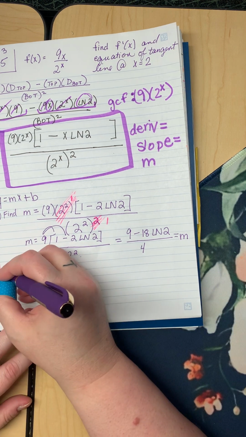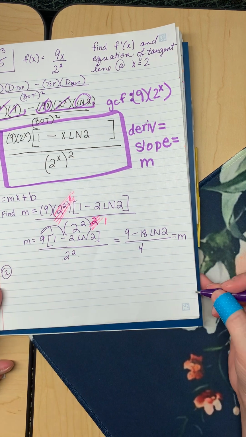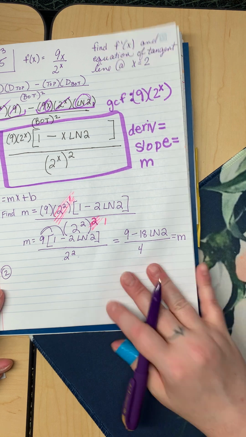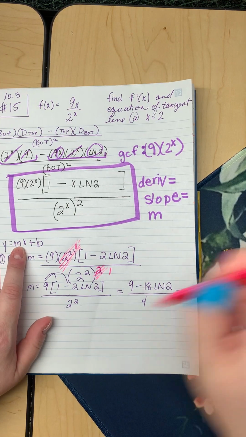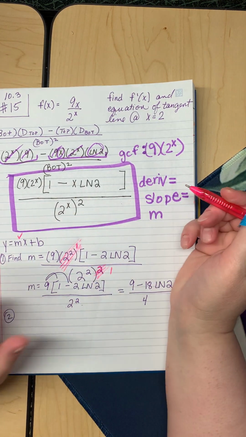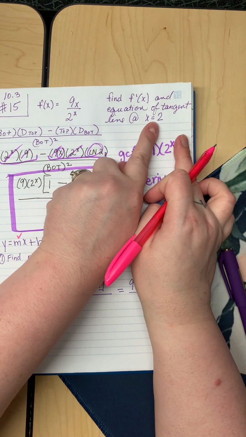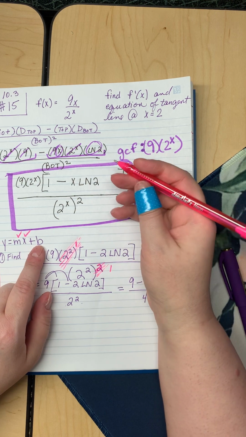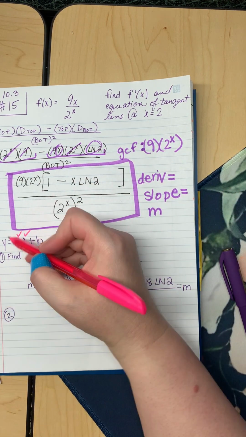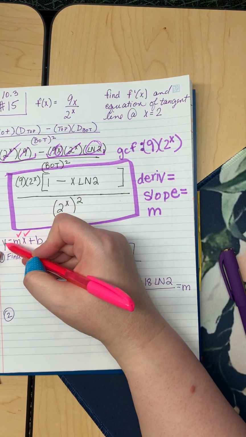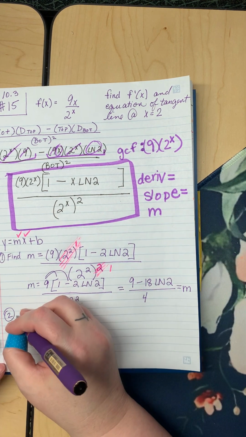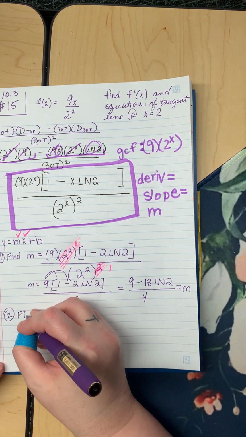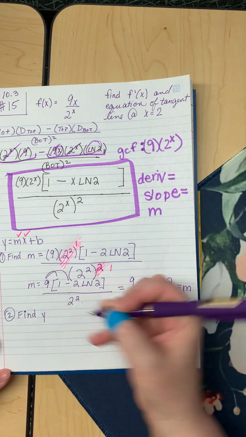Okay, so now we're going back to y equals mx plus b. And I have my m, huzzah. I have my x, it's from up here, x equals 2, huzzah. The b is what I have to find at the very end, but I don't know my y yet. So let's find my y value so that I can plug it into this y equals mx plus b.